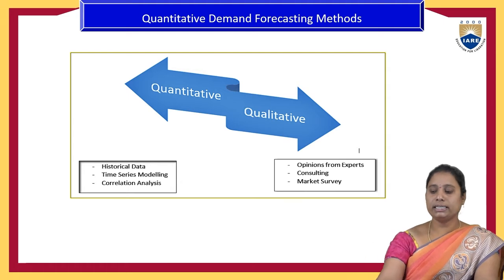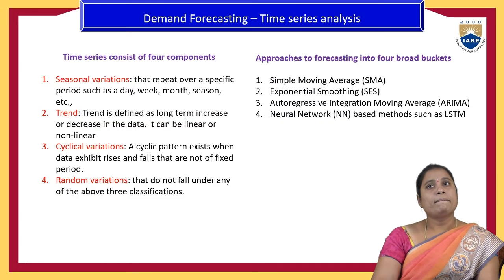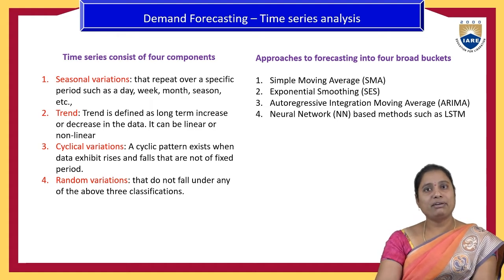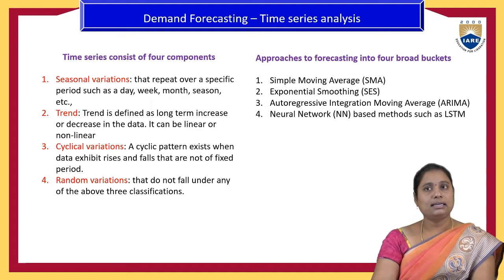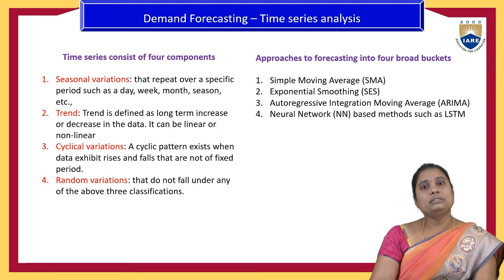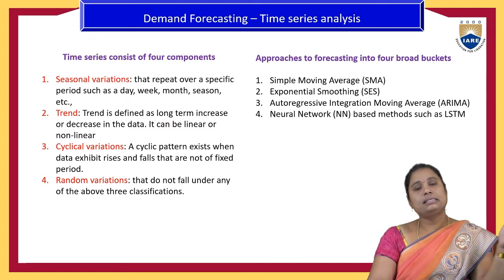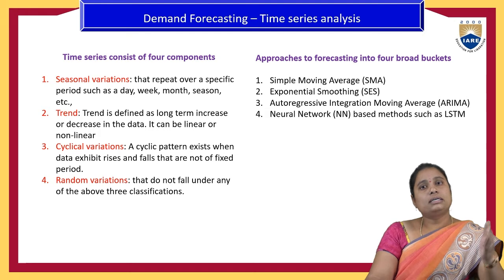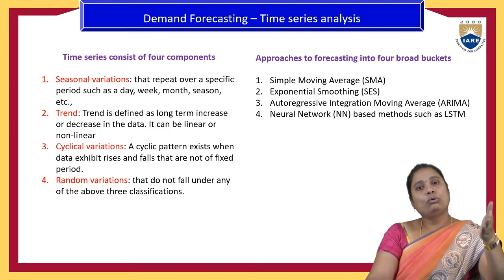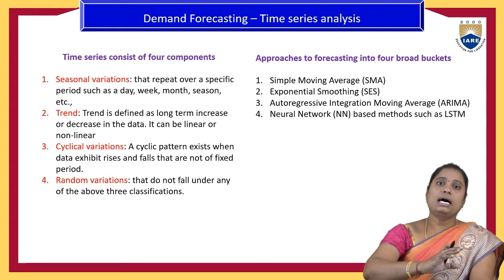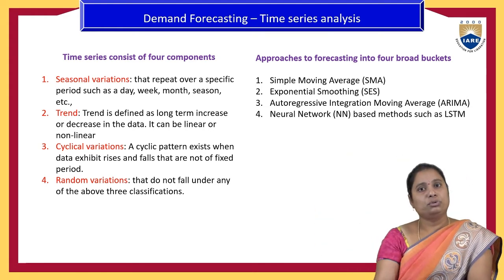In that quantitative data, the first and foremost element of demand forecasting is time series analysis. Time series analysis means looking year by year, season by season, at what the growth in a particular product's demand is and how it is going to be in the future.